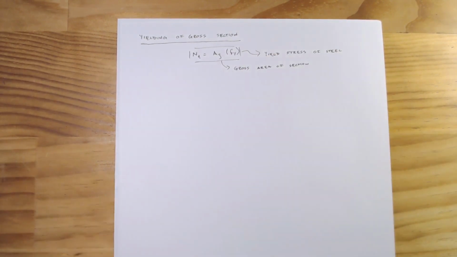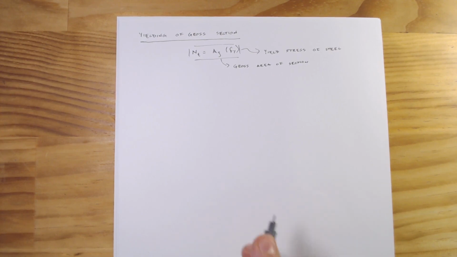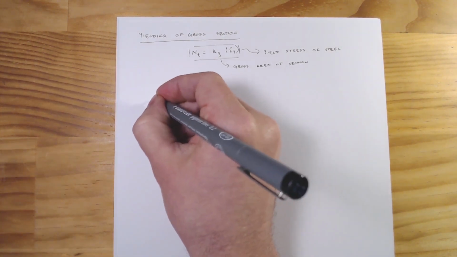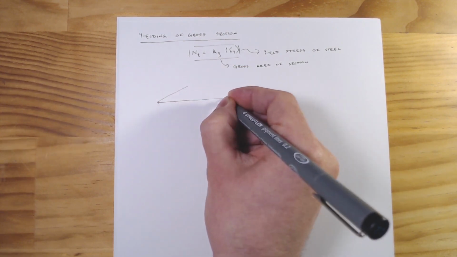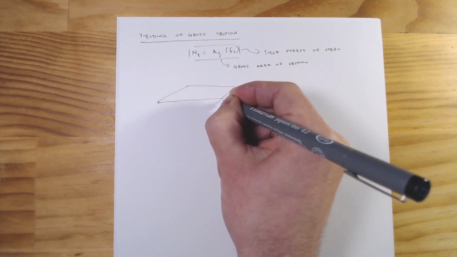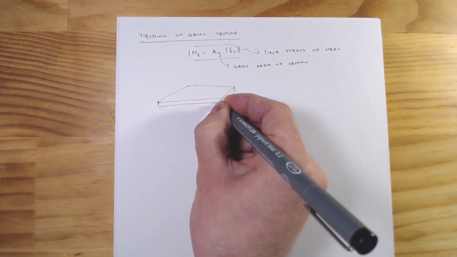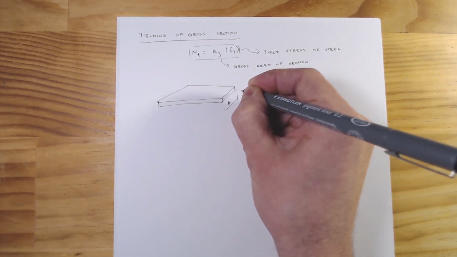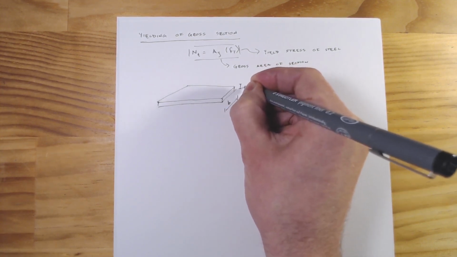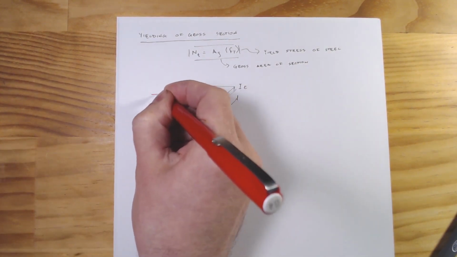So what do we mean? The yield stress of the steel is pretty easy; we can look that up. What do we mean when we're talking about the gross area of the section? Well, if we draw a little member here that's in tension, and we give it some thickness, say it has width B and thickness T, and we put it under tension.